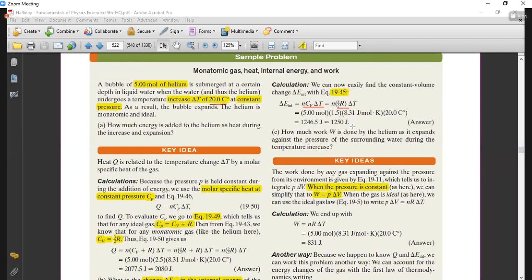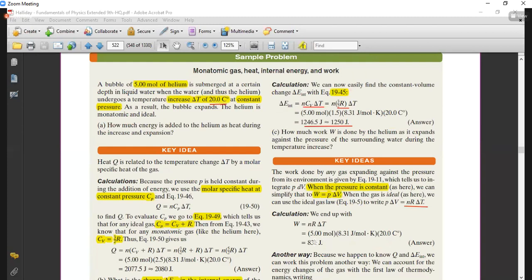Finally, he is asking how much work will be done on the system, because it will expand here. We know that W is equal to PV, or we can say P delta V, because there will be a small change in the temperature, so there will be a small change in the volume. P delta V, as previously we considered, W is equal to nR delta T, which is equal to this one here.